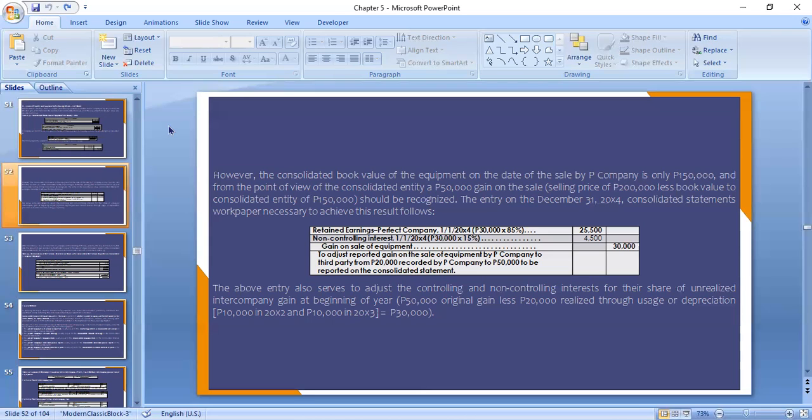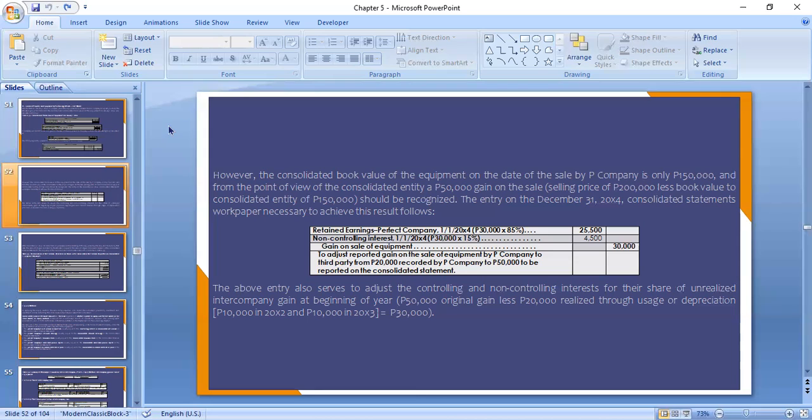Then debit to non-controlling interest on January 1, 2024 for 4,500, which is 30,000 times 15%, and credit to gain on sale.